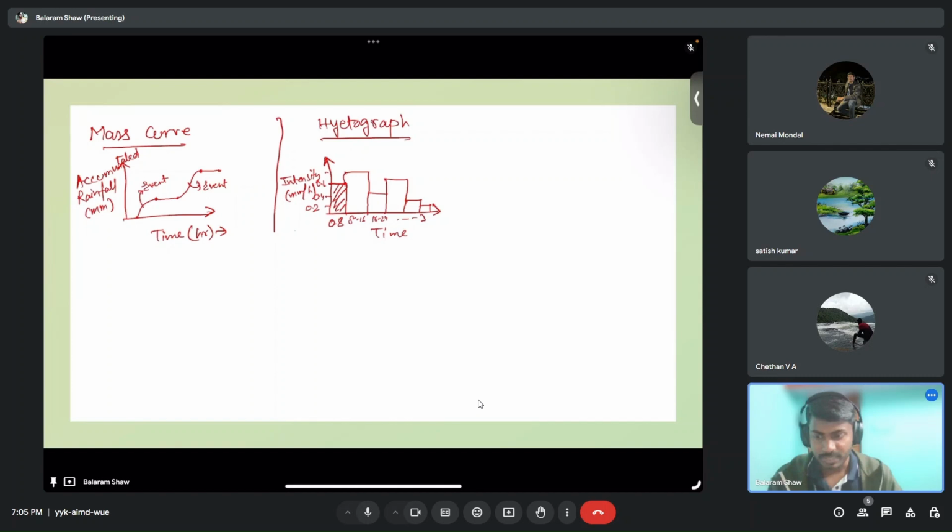For each duration you will have one curve, let's say 6 hour storm, 3 hour storm, or 2 hour storm, something like that. So from this also we get the areal distribution characteristics of a storm of a given duration.